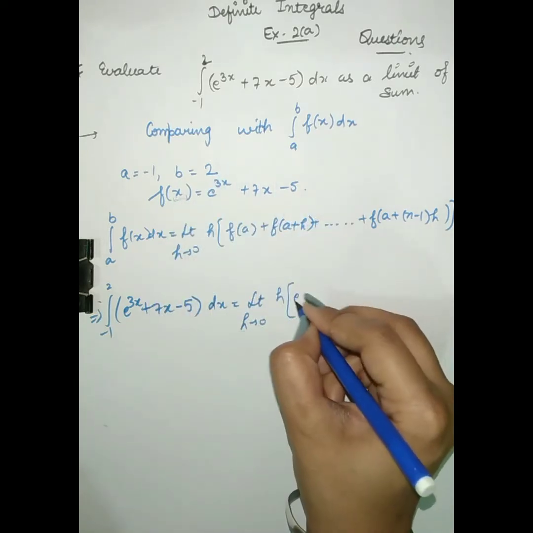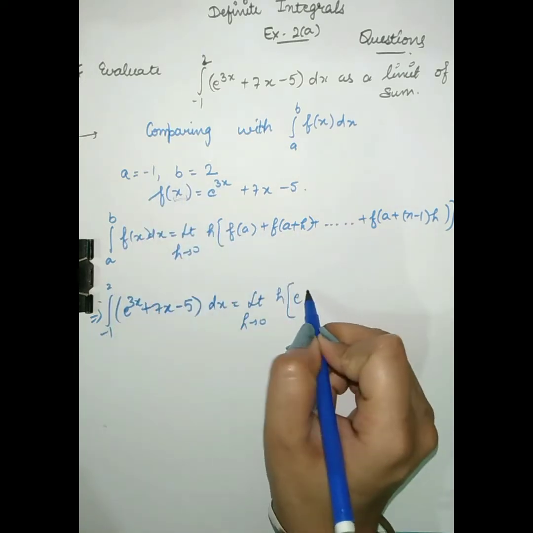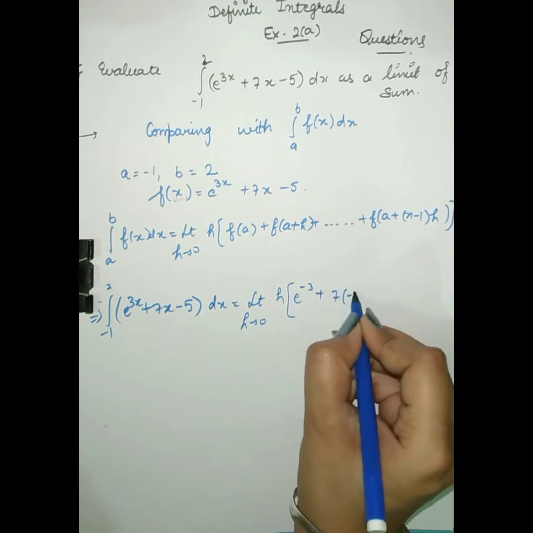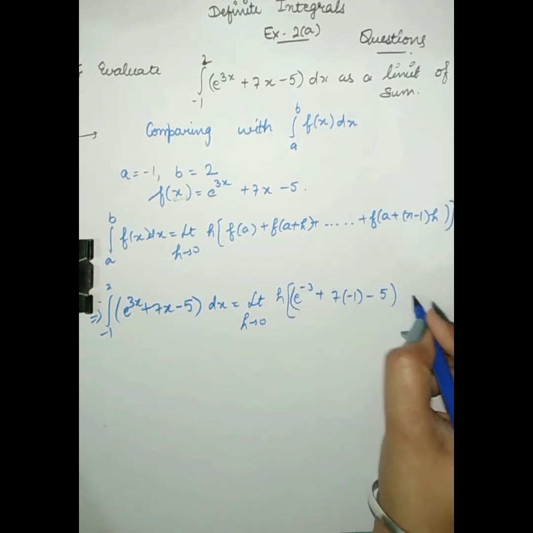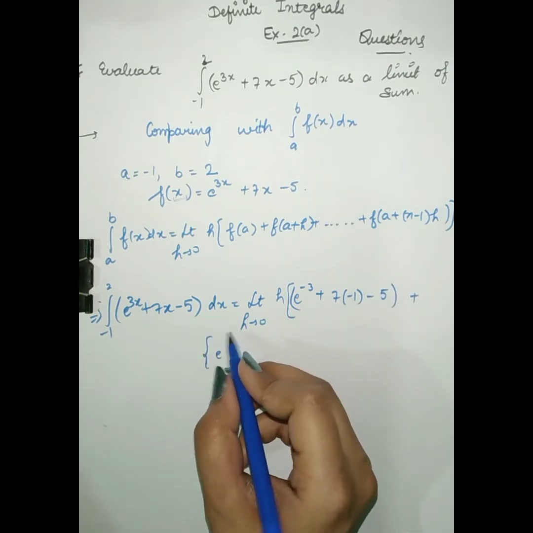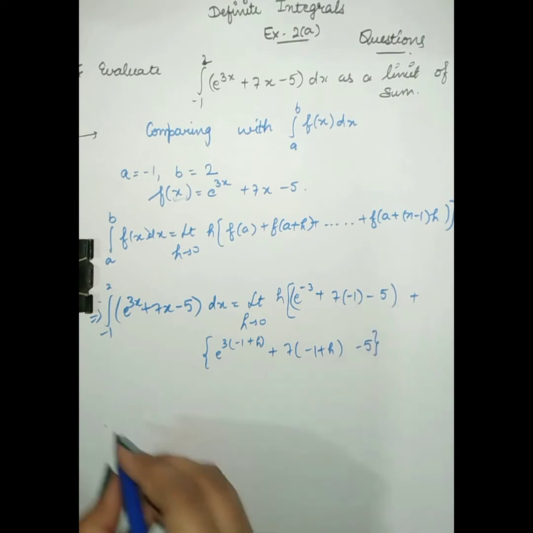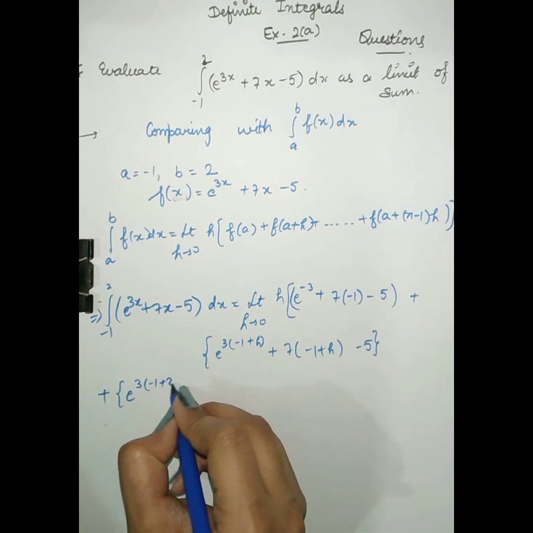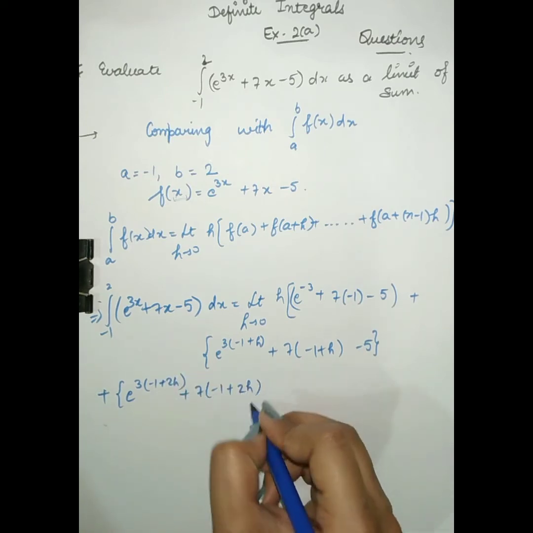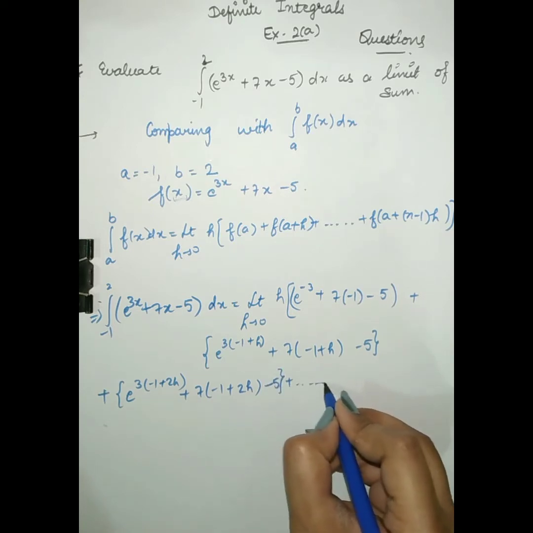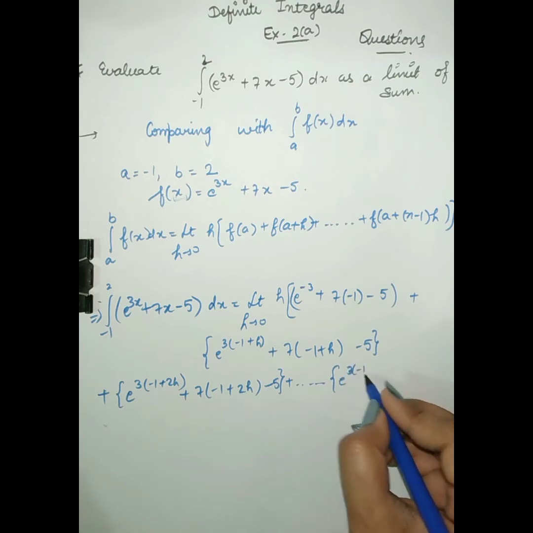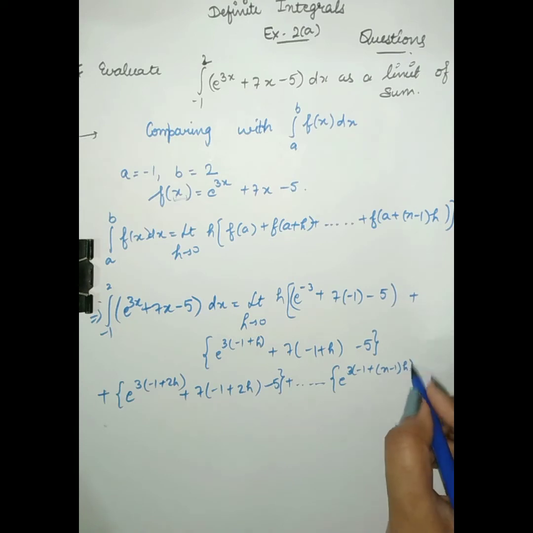So it will become e raised to the power 3 into -1, that means minus 3, plus 7 into -1 minus 5, plus e raised to the power 3 into -1 plus h plus 7 into -1 plus h minus 5, plus e raised to the power 3 into -1 plus 2h plus 7 into -1 plus 2h minus 5, plus up to e raised to the power 3 into -1 plus n minus 1 into h plus 7 into -1 plus n minus 1 into h minus 5.